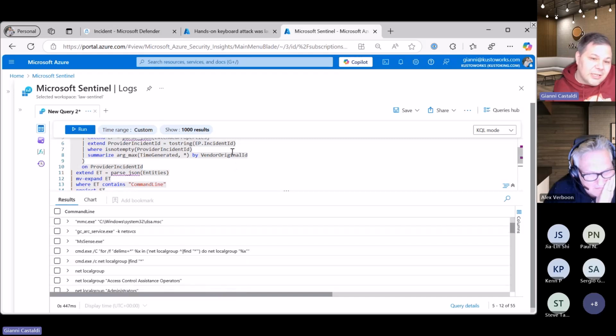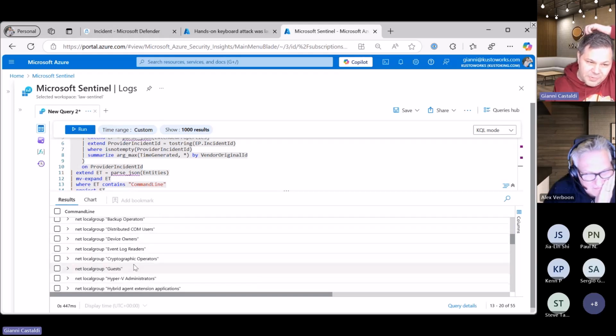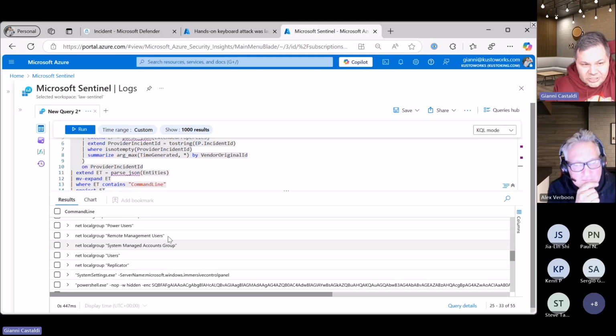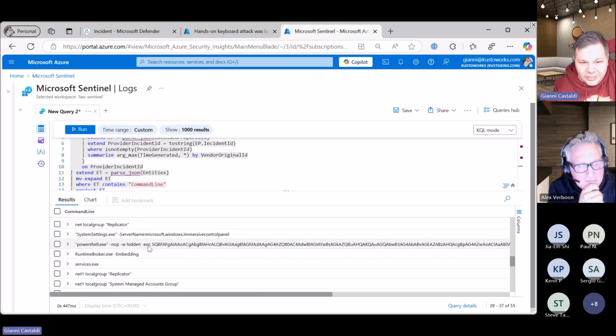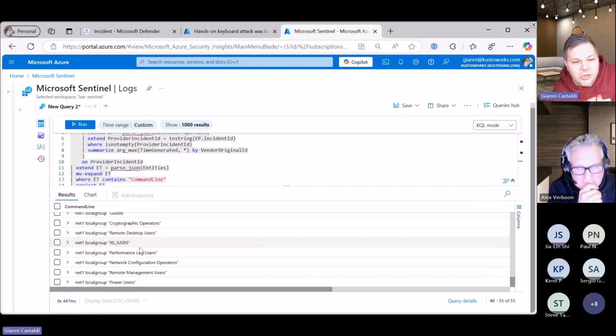We can see, hey, related to this incident, we did a lot of net commands. We created groups, administrators. So this is an easy way to see all the goodness in the commands. You can also quickly search, hey, did we use these commands on other systems maybe? That's the thing I wanted to share this month.